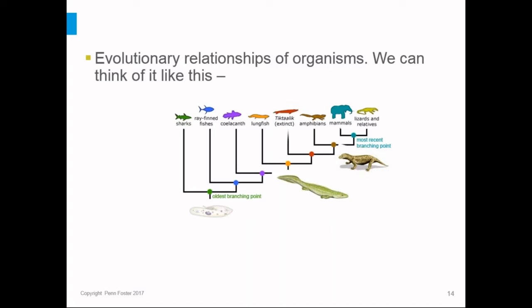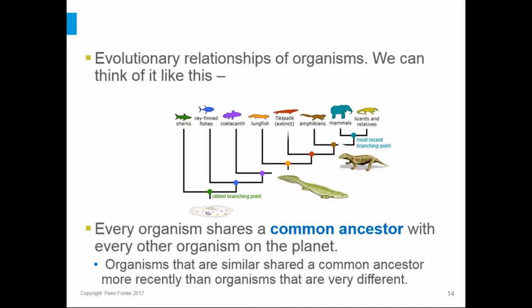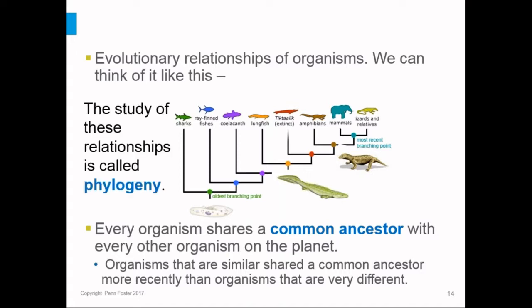We just need to figure out where they branched off and which is more closely related to each other. Organisms that are similar shared a common ancestor more recently than organisms that are very different. And the study of all these relationships is called phylogeny.